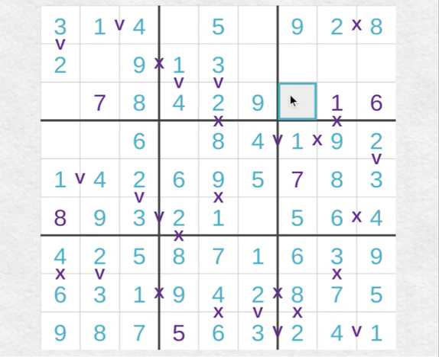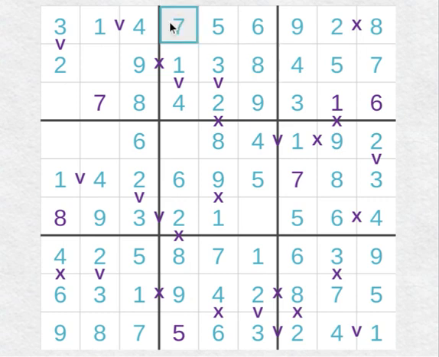3 goes in here. We need a 4, a 5, and a 7. We need a 6. Yeah, 6 goes there because of this 6, and then 6 cannot be in here because of this 4. So we need 7 and 8. 8 goes there.